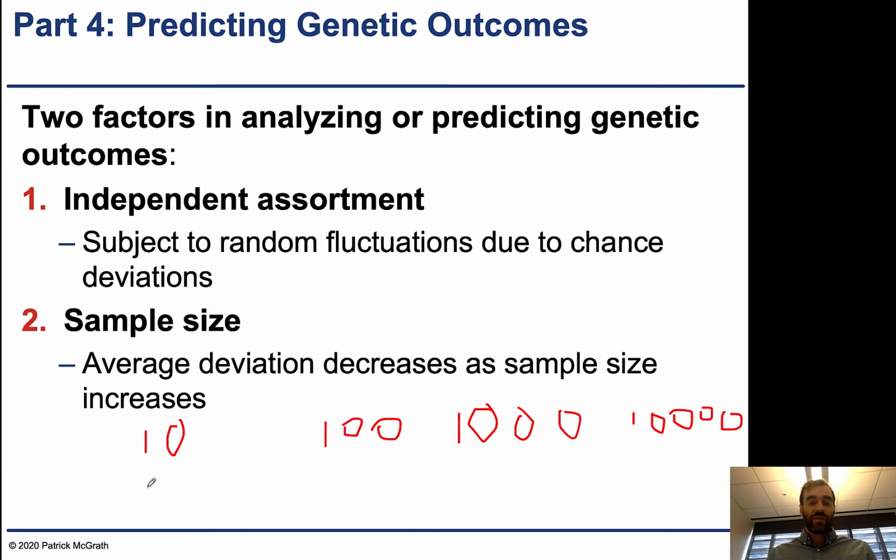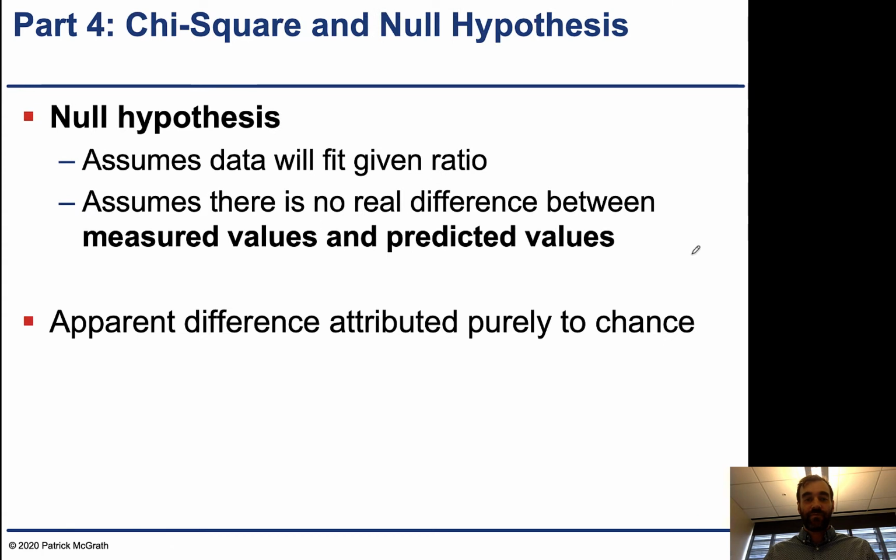So we might not be surprised if the ratio is 1 to 1 in this situation, just because it was only done 10 times, and chance plays a much more important role. But in this case, we expect it to be pretty close to, let's say, 2.99 to 1. We expect it to be pretty close to 3 to 1. And that's just the sense that the more you do things, the less important random fluctuation there is.